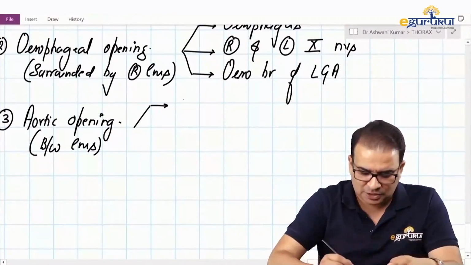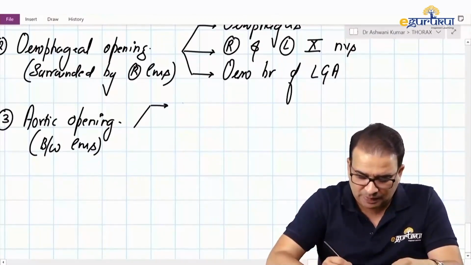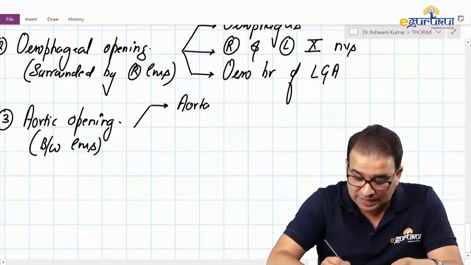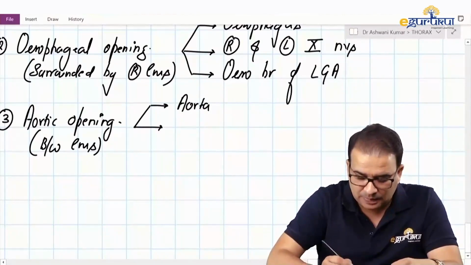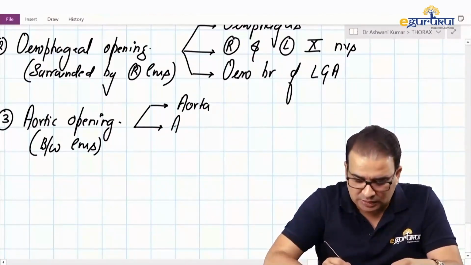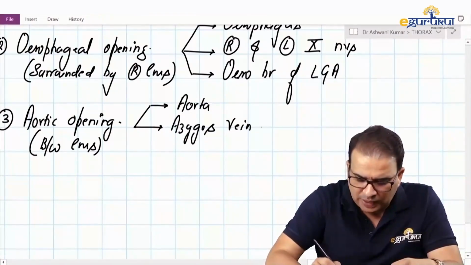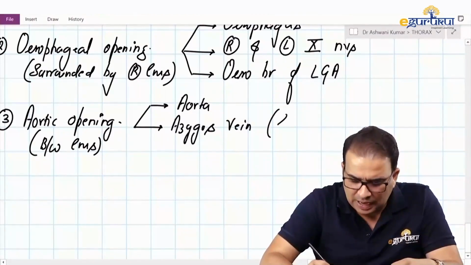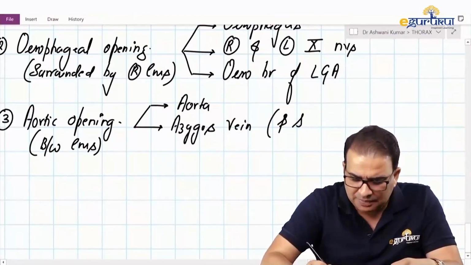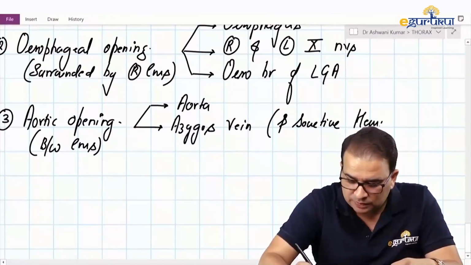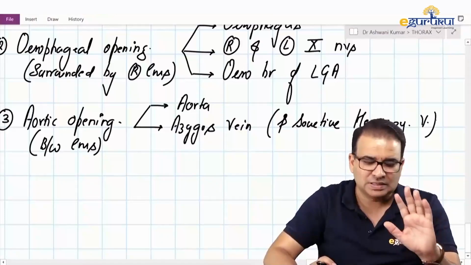The aortic opening is giving passage obviously to the aorta, that is the descending aorta more precisely. It also gives passage to the azygous vein. Azygous vein always, and sometimes hemiazygous also. Not always, guys, not always.